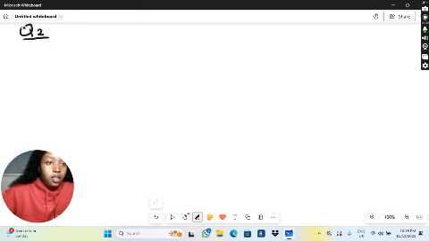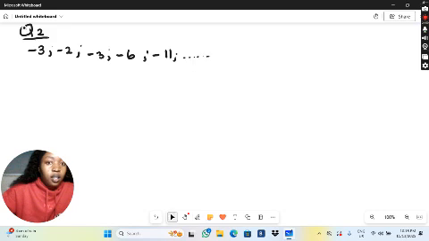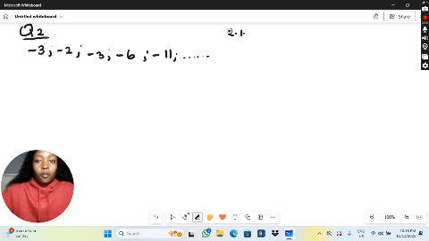For question 2, the number pattern is 2, -2, -6, -11, and so forth. Okay, 2.1. Let me write it this side. We are required to find the first differences of the given sequence number and also form a sequence.